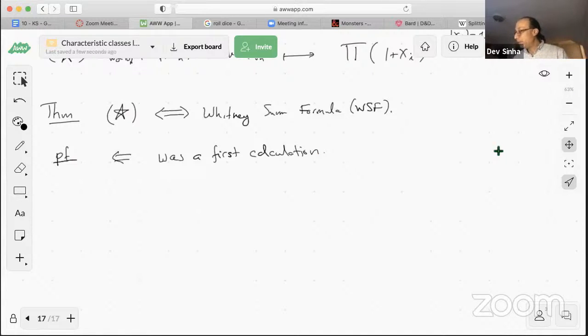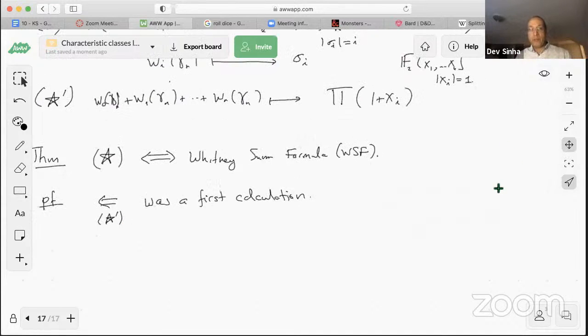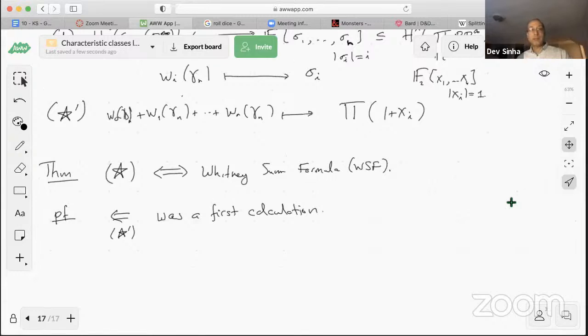But in the context of this theorem, this is just recalling that if you have the Whitney sum formula, then in particular what we immediately get is star prime, which we see above. The Whitney sum formula says that the total Stiefel-Whitney class would just be the product of these 1 plus xi's. And we used this to show that there were no universal relations among Stiefel-Whitney classes. So that we've done.